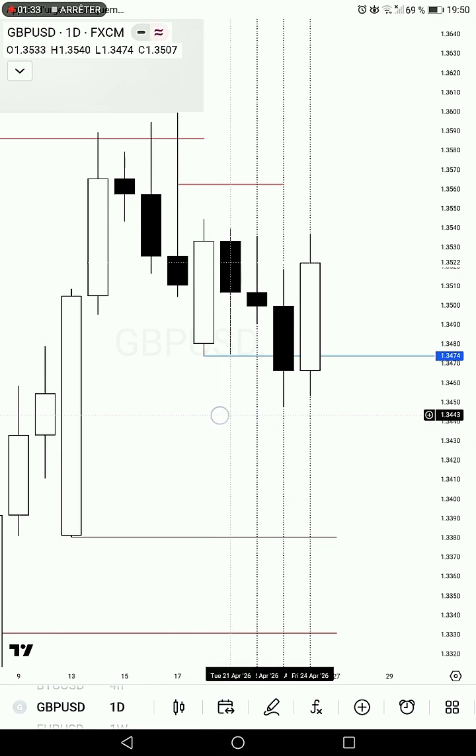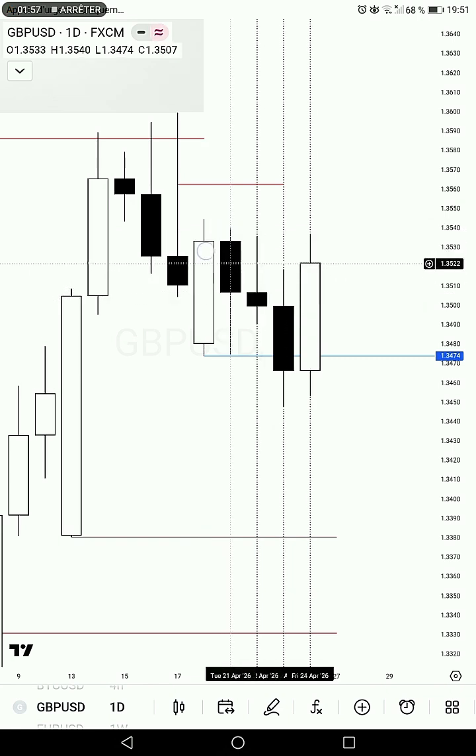Tuesday didn't sweep either Monday's low or Monday's high. So here there were a series of liquidity that was accumulating. That's why Friday is actually extremely bullish to take out all this low resistance liquidity run, all this series of liquidities.